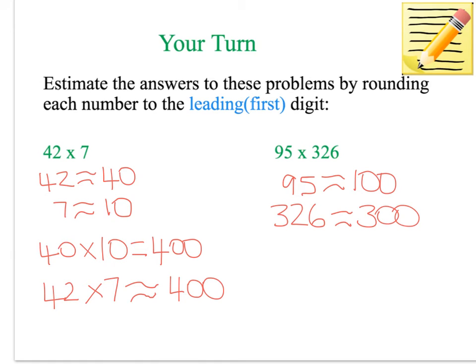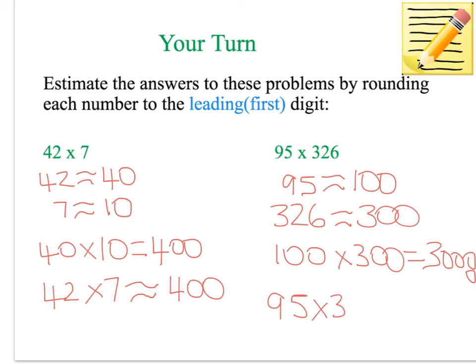Right, then we multiply them together. 100 times 300 equals 1 times 3 is 3, and then 4 zeros. Oh my goodness, I could run out of space. So that's 30,000. All right, so 95 times 326 is approximately equal to 30,000.